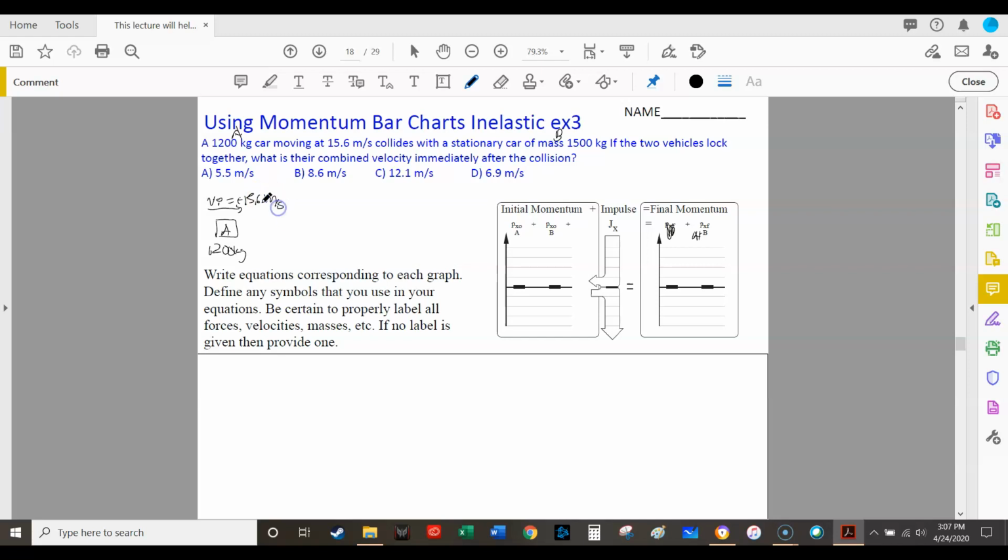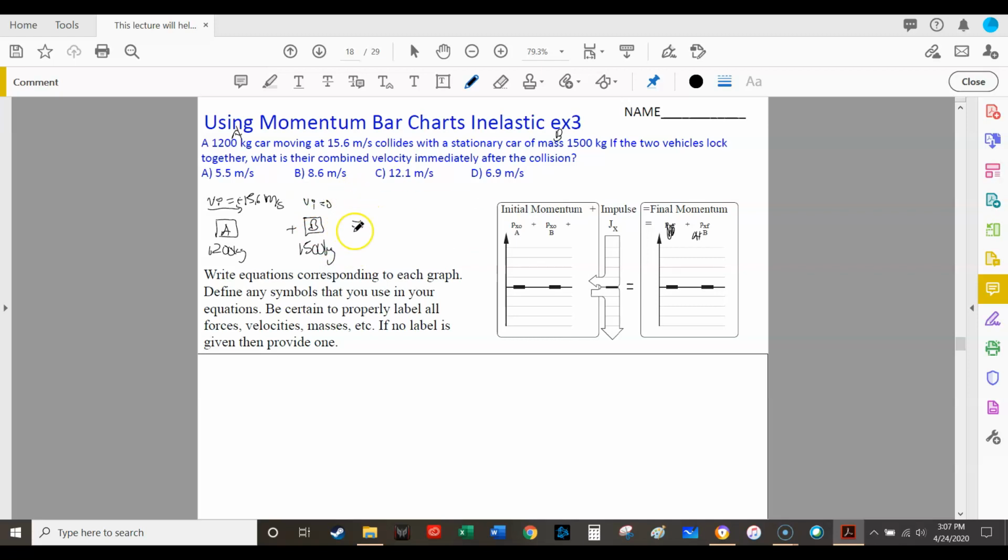Object B is stationary, and it is 1,500 kilograms, and it's got an initial velocity that is zero, not moving.